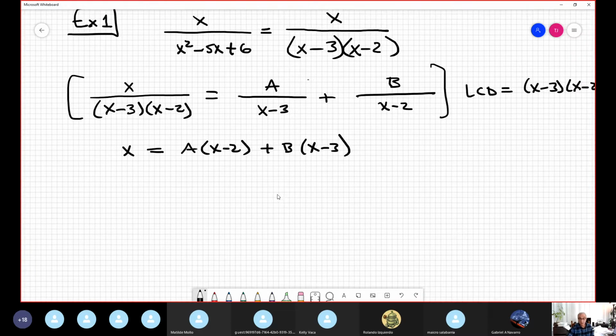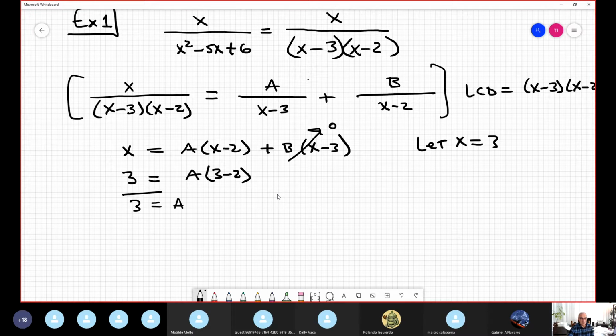Then, let's pick a value. Suppose let x equal 3. It's 3 because I want to eliminate this part, because 3 minus 3 is 0. Look here, I want to delete that part. So replace x by 3: 3 equals A times (3 minus 2), and if you want, you put 0 here. It's gone because 3 minus 3 is 0. 3 is equal to A times 1, since 3 minus 2 is 1. A is 3. I got it.